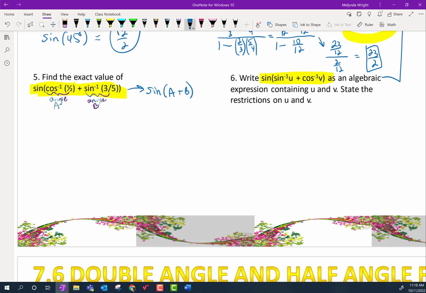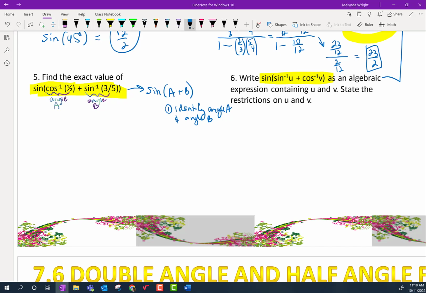Let's put some steps on here. Number 1, we want to identify angle A and angle B. I've named them, but we actually need to find out what they are.